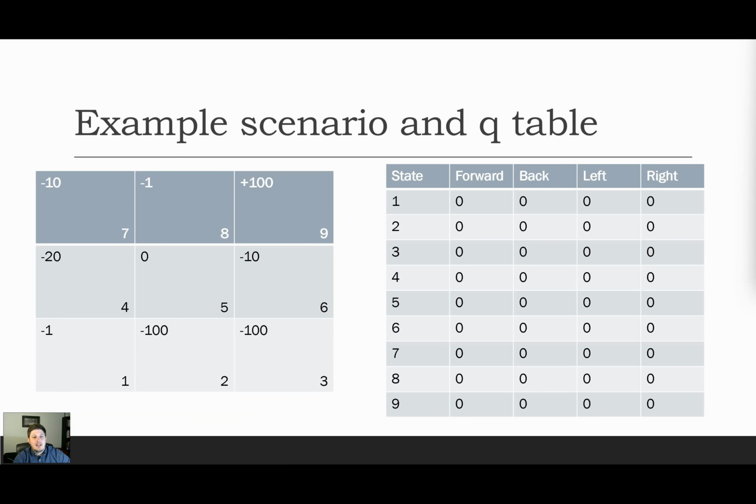Now my actor knows absolutely nothing about the environment to start with. So we're just going to fill in our Q table to start with a whole bunch of zeros because we don't know anything yet, so we can't create Q values for what a given action and state will do for reward. We're going to get to that right now.